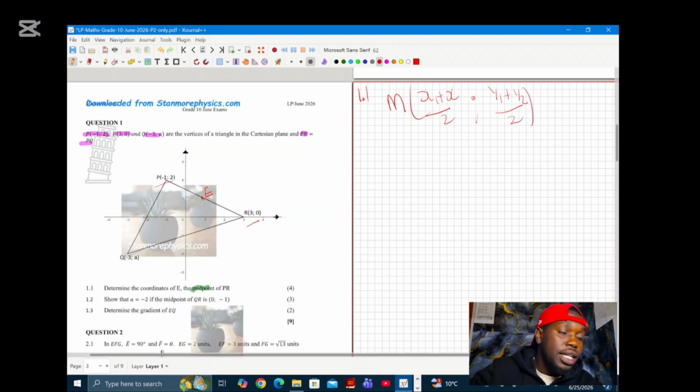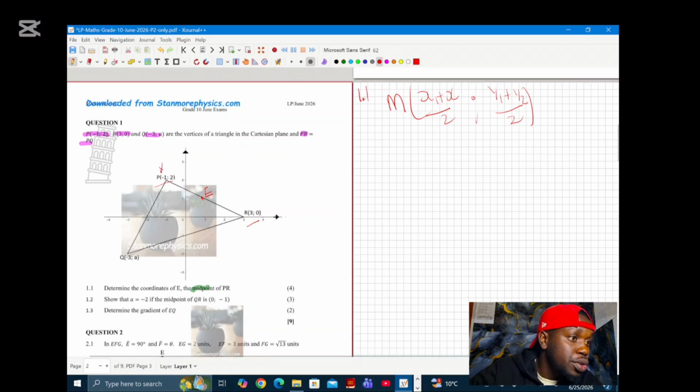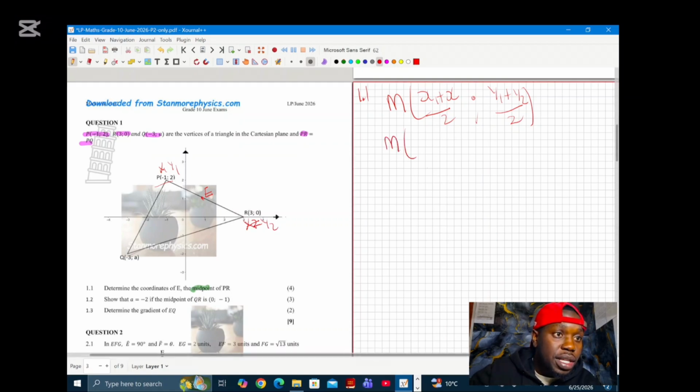Then it's just a matter of assigning my X1 and X2. So I will choose this as X1, Y1, and this as X2, Y2. Then when I come here, things become easy for me. I don't know why this is 4 marks, but yeah. We have X1, which is -1, plus X2, which is 3, all over 2.